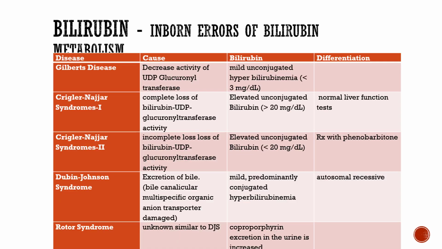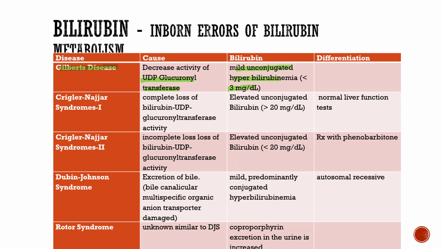Now we will go to the inborn errors of bilirubin metabolism. There are some genetic diseases known as inborn errors of bilirubin metabolism. One is Gilbert's disease. It is the decreased activity of UDP glucuronyl transferase, the conjugating enzyme. There is a mild unconjugated hyperbilirubinemia of less than 3 milligram per deciliter.